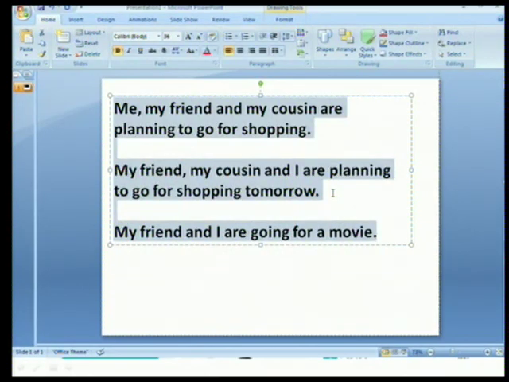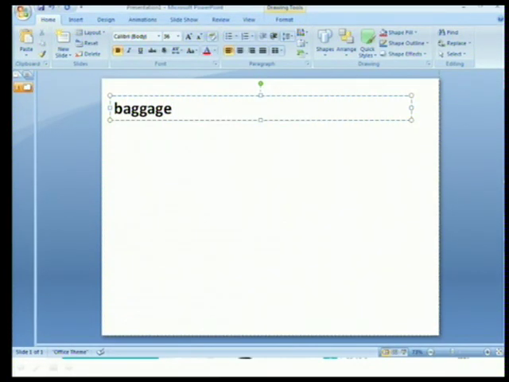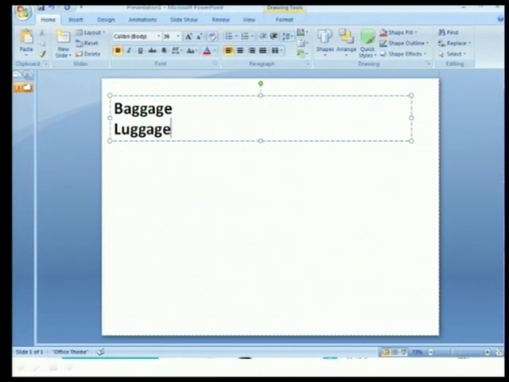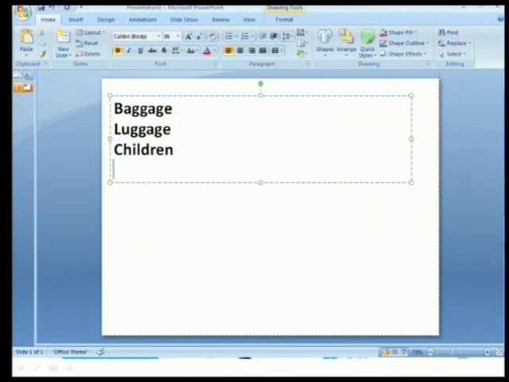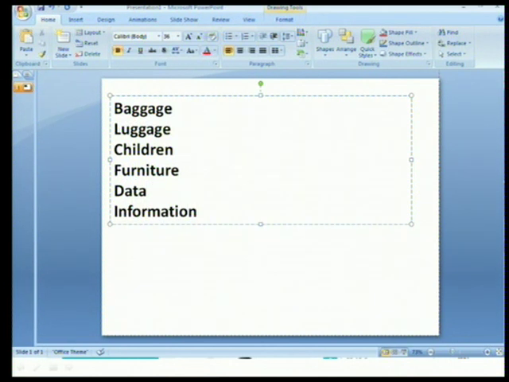So there are a lot of words which do not have an additional plural form because the word itself is a plural form. Words like, let me show you some examples: baggage, luggage, children, furniture, data, information. All these words are plural form itself.